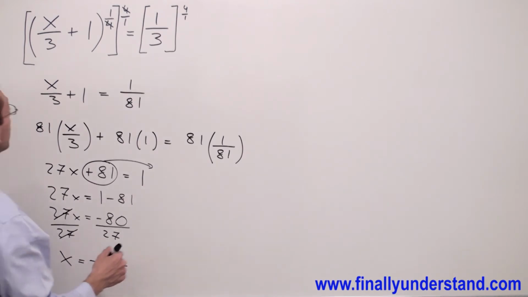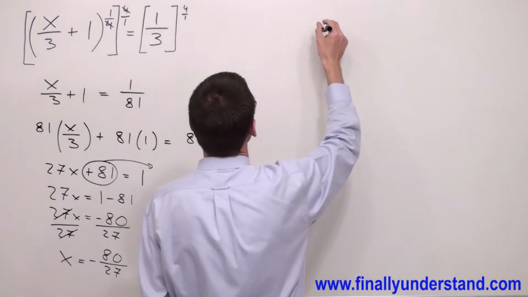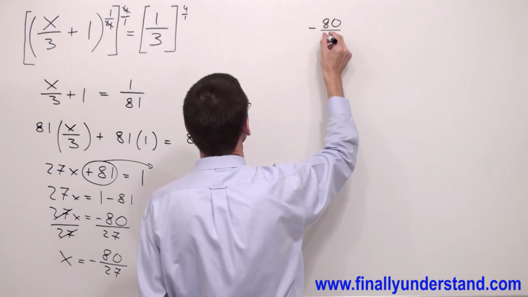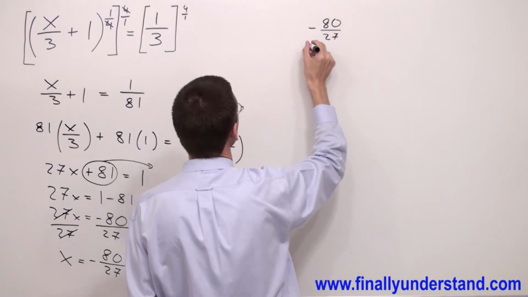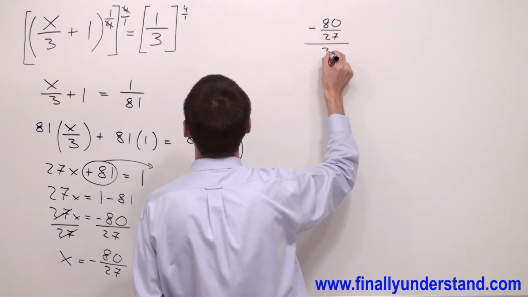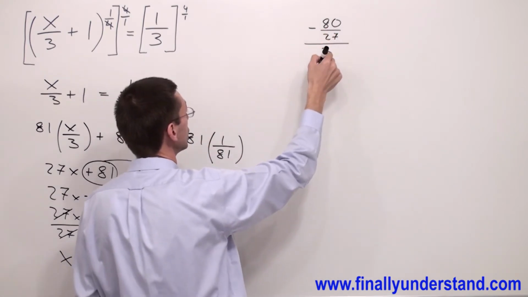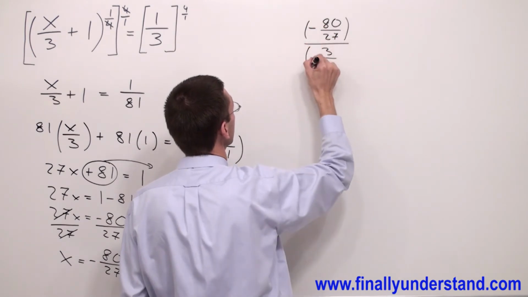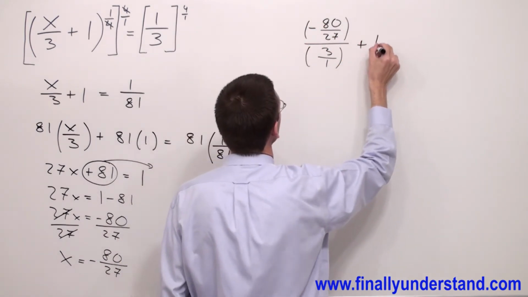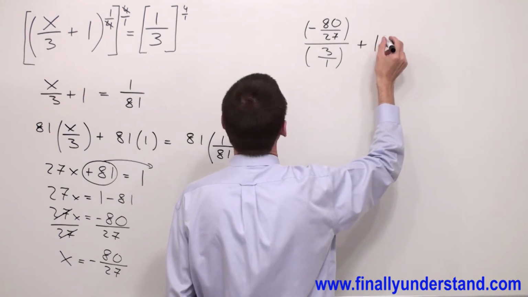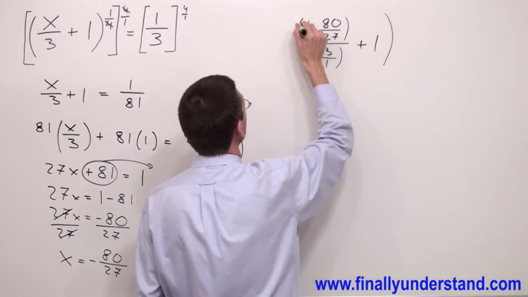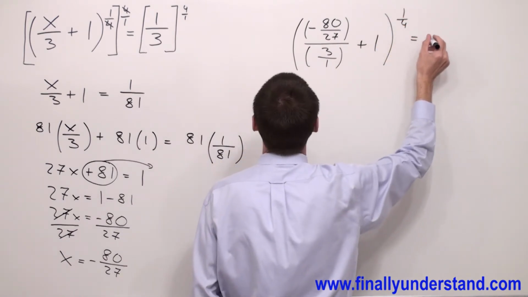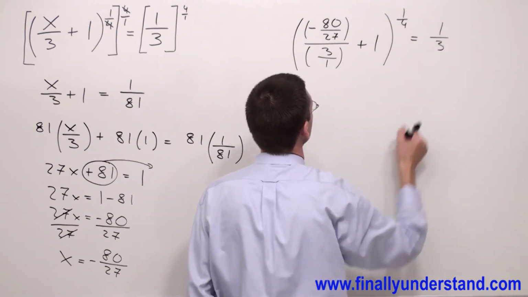I'm going to replace x by negative 80 over 27. So I have negative 80 over 27, over 3. Because I have a fraction in the numerator, I'm also going to make the denominator a fraction, over 1. Plus 1 to the power 1/4 has to be equal to 1/3.